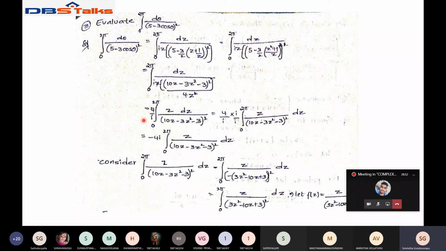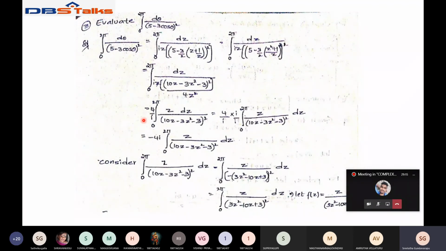Now consider the integral 0 to 2 pi z by (10z minus 3z square minus 3) whole square dz. We take the minus in the denominator; minus whole square means plus. So it is plus the integral 0 to 2 pi z by (3z square minus 10z plus 3) whole square dz.